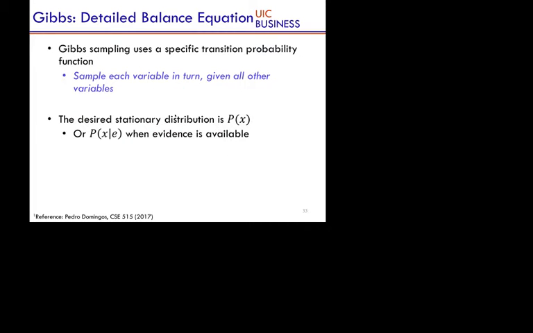Okay, let's get back to Gibbs sampling, which is the simple idea that we sample each variable in turn given all other variables, right? And our hope is that the stationary distribution is p of x.